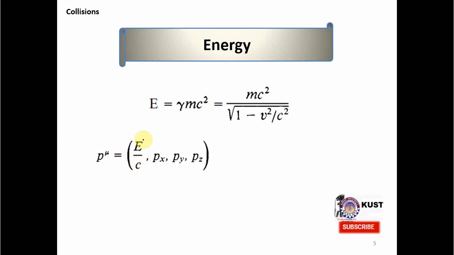So the time component gives you the relativistic momentum. Then the spatial components px, py and pz are the usual ones, but in the zeroth component, you can have energy inside the momentum, as we had speed inside the x.